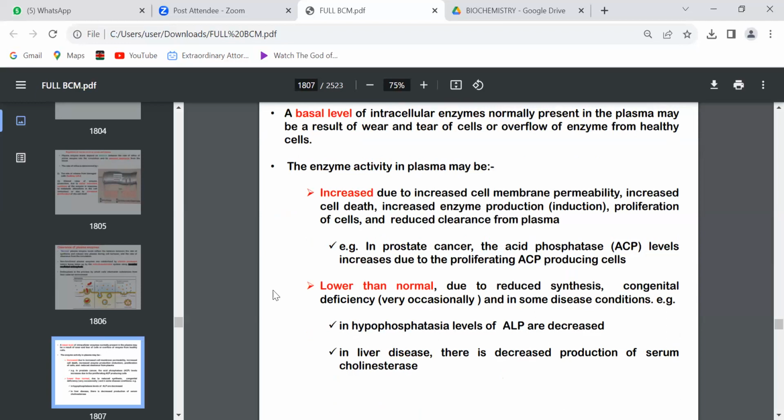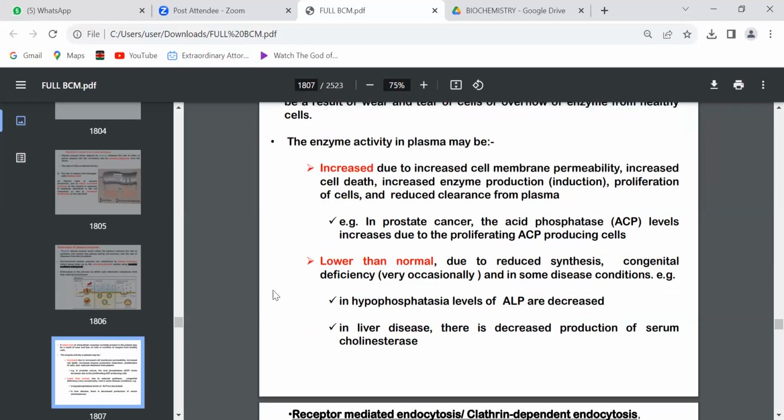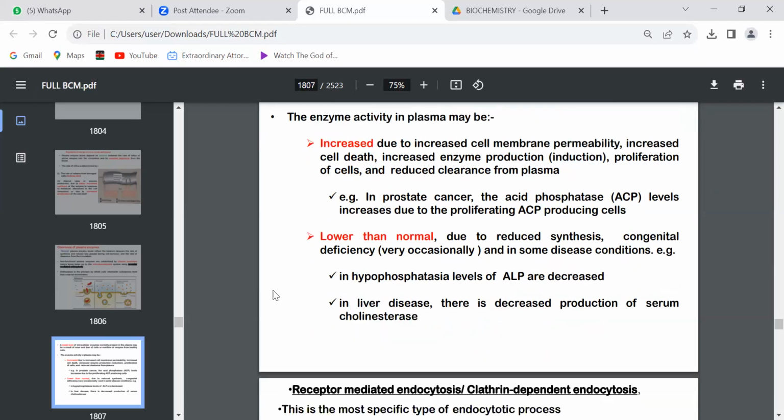Reduced synthesis can be due to a drug, a disease condition, or even a congenital anomaly. Then you'd have a lower than normal concentration of those enzymes. So again, you just go back to figuring out if it's reduced or increased, and what the problem is.